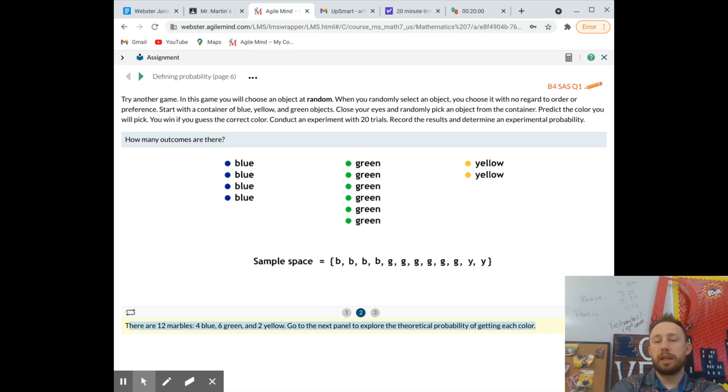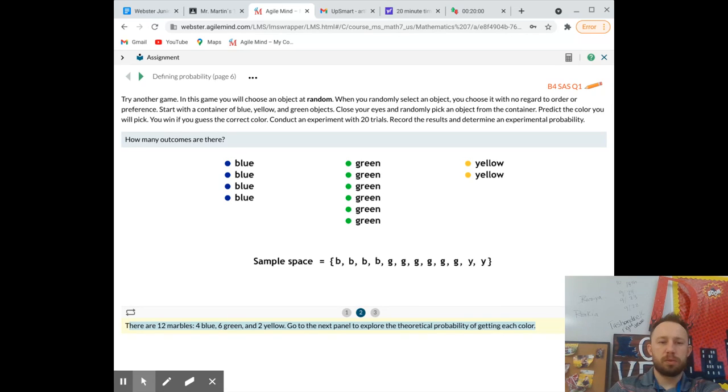So what would that theoretical probability be? Of what out of what chance? They said that the chance we'd pick a blue marble would be a 4 out of 12 chance. So what would the chance that we would get a green marble be? 6 over 12. Great job.